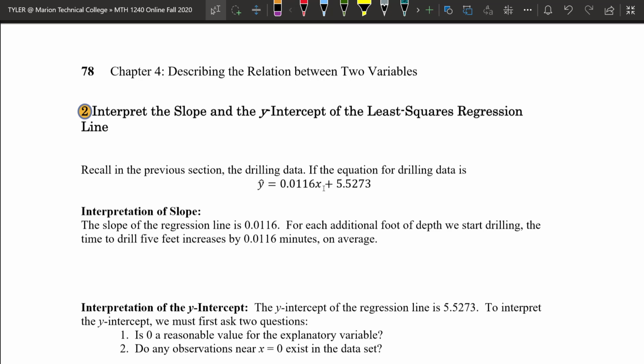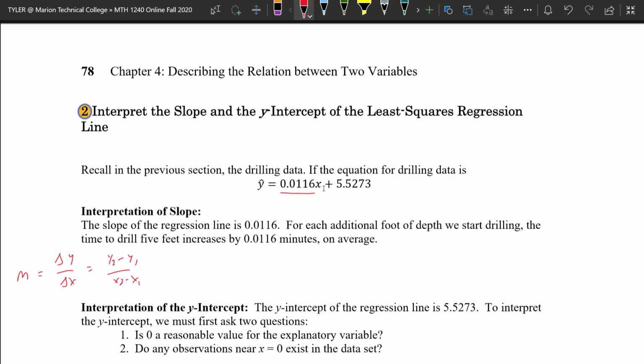So the slope is going to be this value, 0.0116. In algebra class, you should know that slope is the change in y over the change in x: y2 minus y1 over x2 minus x1.